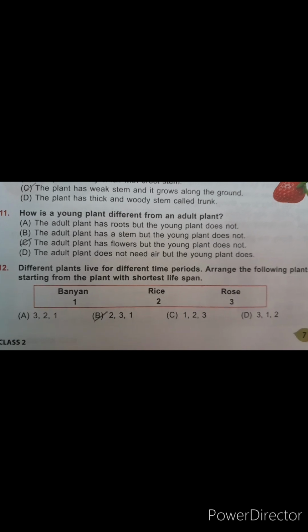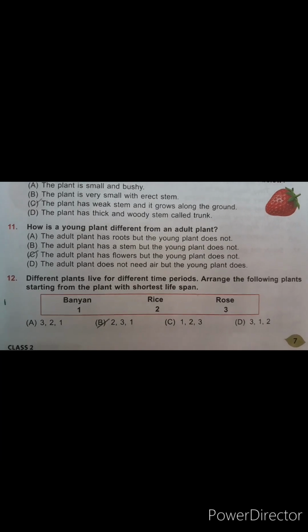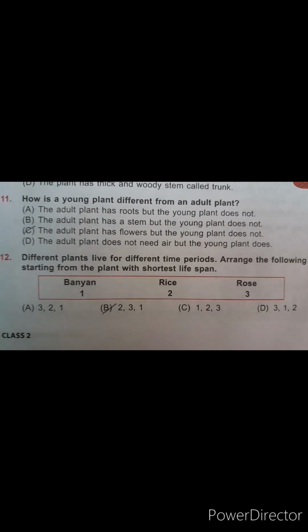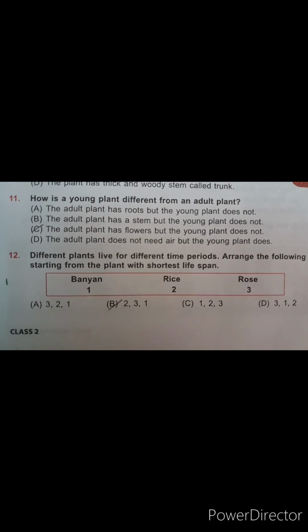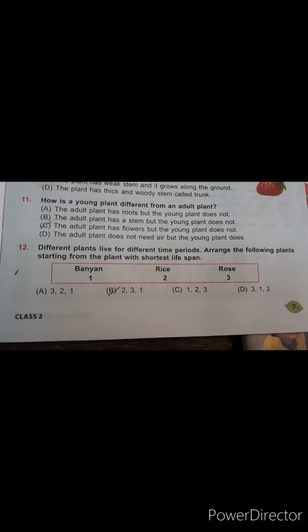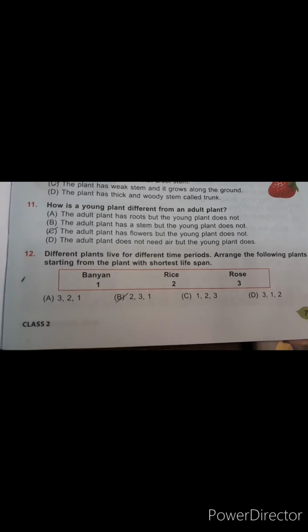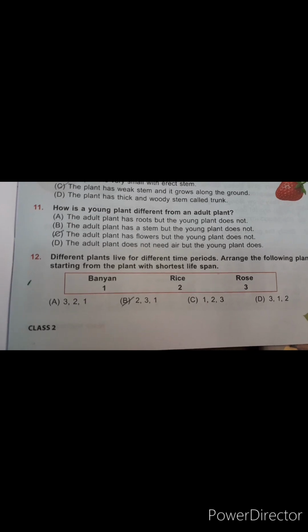Different plants live for different time periods. Arrange the following plants starting from the plant with the shortest lifespan. Banyan, rice, rose. These are A 3, 2, 1, B 2, 3, 1, C 1, 2, 3, D 3, 1, 2. Now the answer is B, 2, 3, 1.